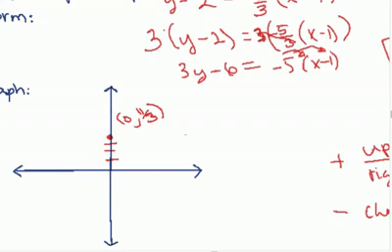So instead of going up 5 and to the right 3, I'm going to go down 5 and to the right 3. So I start over here at my point and I go 1, 2, 3, 4, 5, and then to the right 3, 1, 2, 3. And that would roughly be my point there.